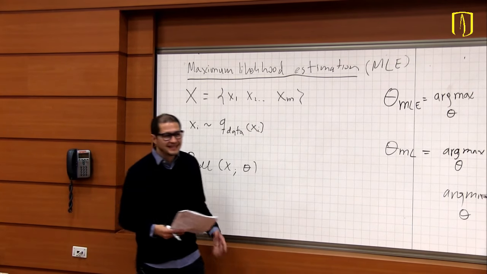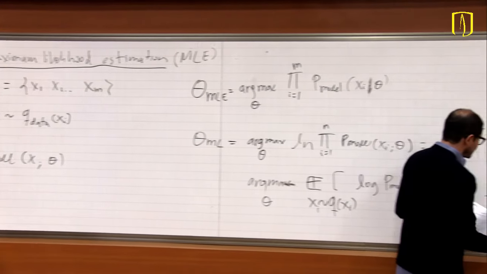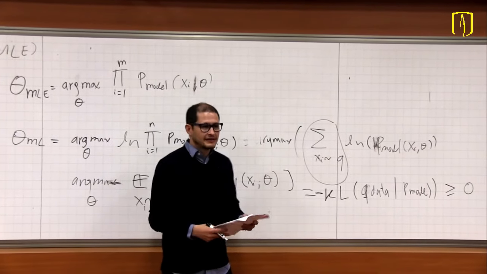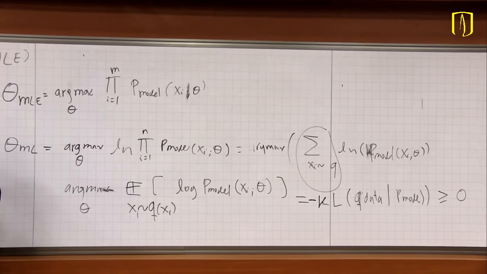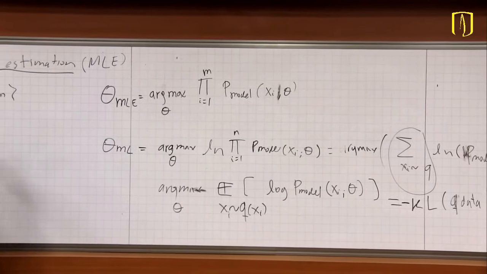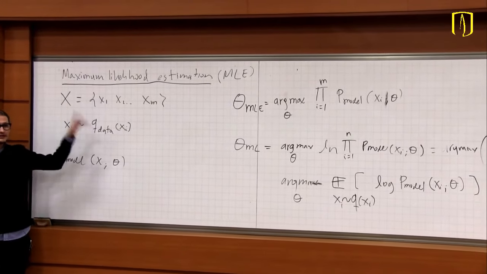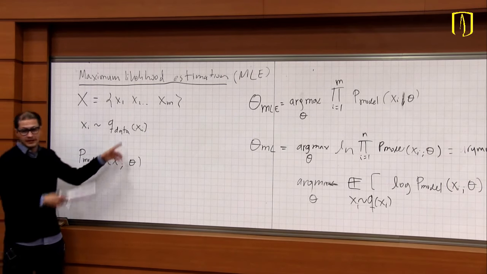Perfect. So the question was: is the point of this whole thing that I have data set X distributed according to some imaginary distribution that we found on the internet or anywhere?